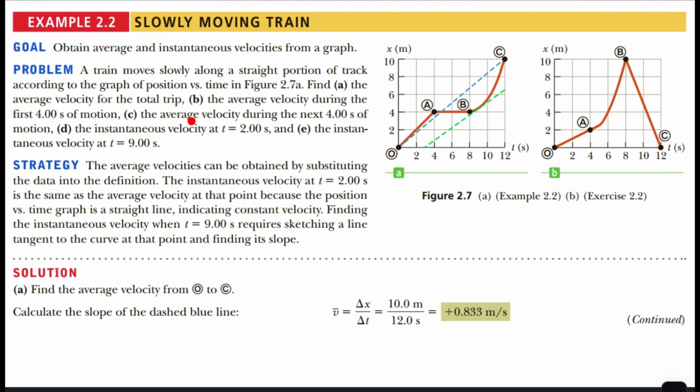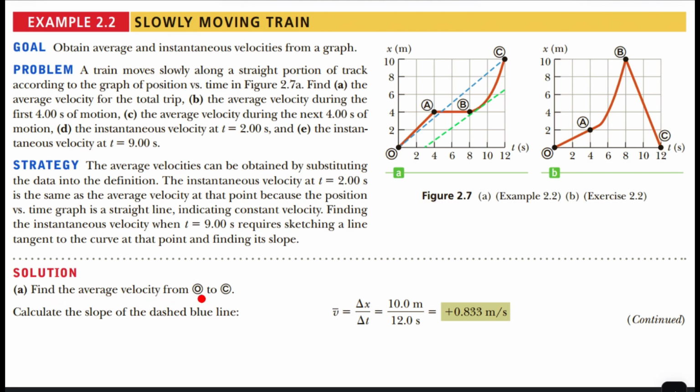C, determine the average velocity during the next 4 seconds of motion. D, the instantaneous velocity at t equals 2 seconds. And E, the instantaneous velocity at t equals 9 seconds.